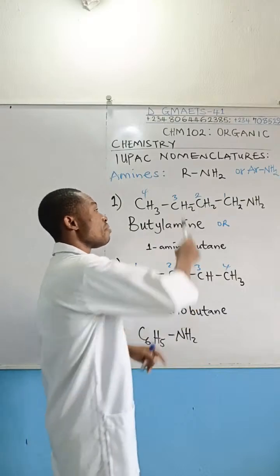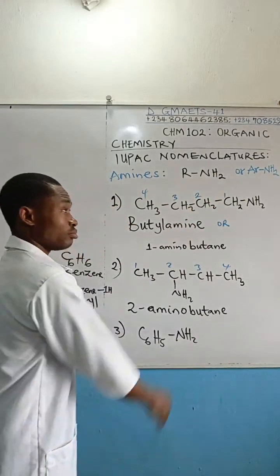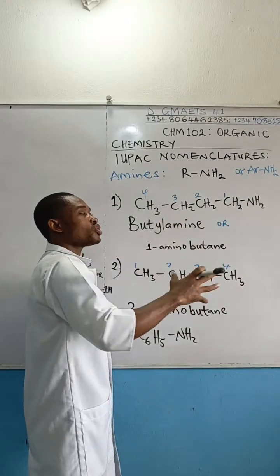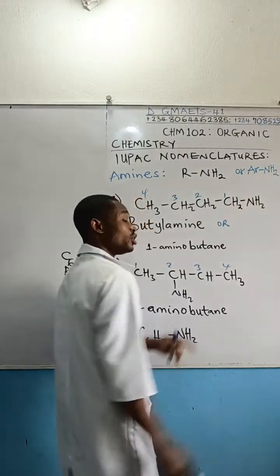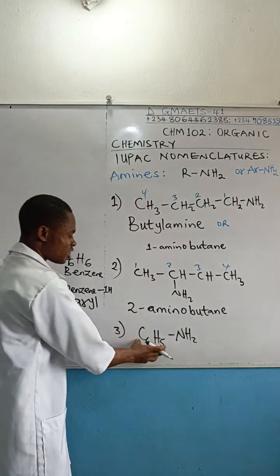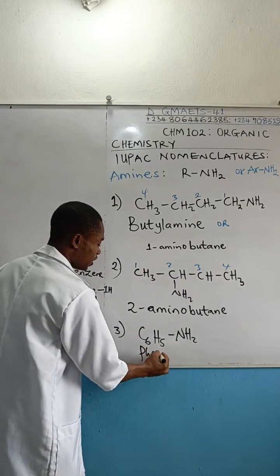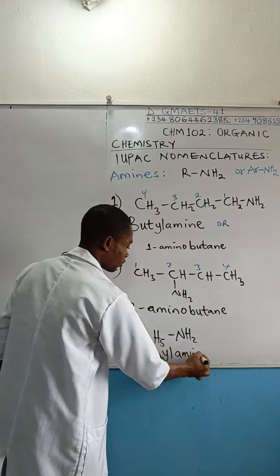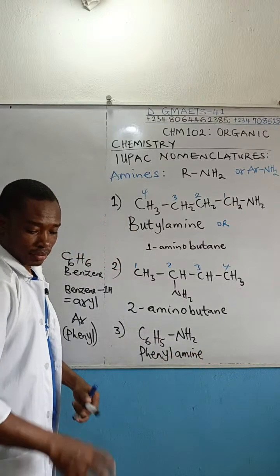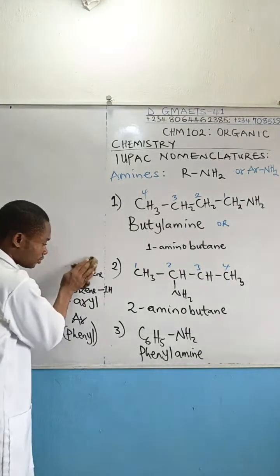So this is the most used guy. Alkyl rather. But once you have the case of benzene losing one hydrogen and then attached to NH2, it becomes aryl. And this guy specifically, the name of C6H5 is phenyl. So this is phenylamine.